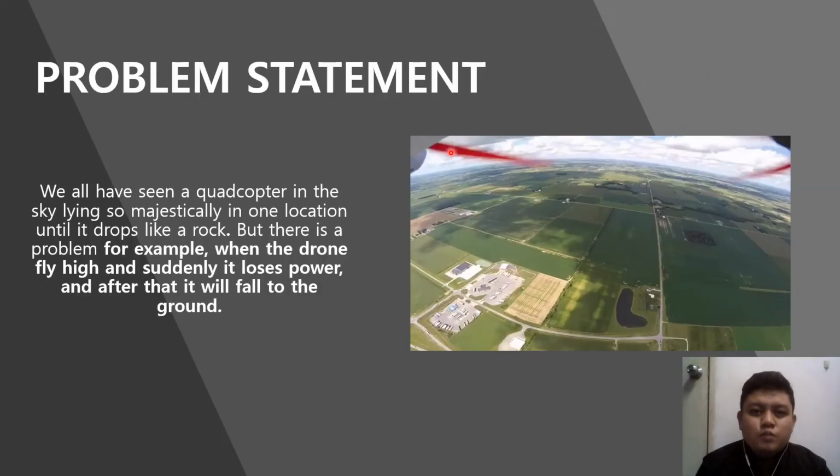So, for the problem statement, we have all seen a quadcopter in the sky flying so majestically in one location until it drops like a rock. But there is a problem. For example, when the drone flies high and suddenly loses power, it will fall to the ground. This is an example video of the drone when it loses power and falls to the ground.